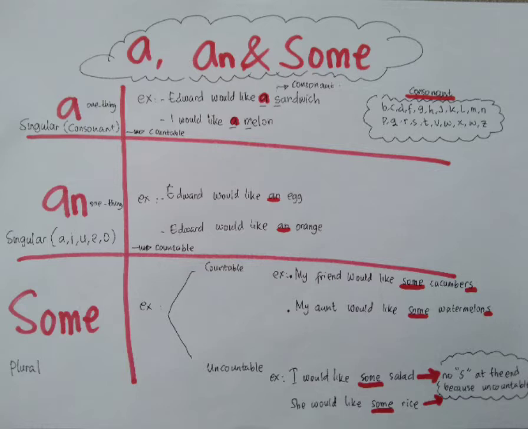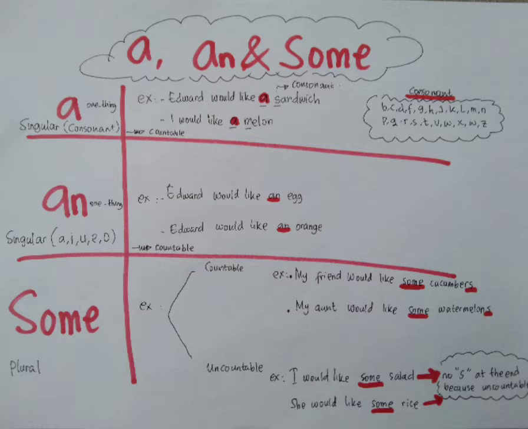So how to apply a, an, and some in the sentence. As we know, a we use for singular, or when we want to say one thing, but only for consonants. What are consonants? They are B, C, D, F, G, H, J, K, L, M, N, P, Q, R, S, T, W, X, Y, and Z. Those are consonants.